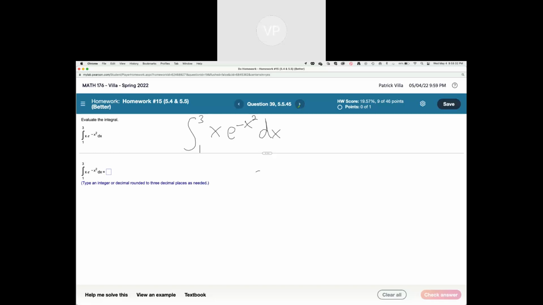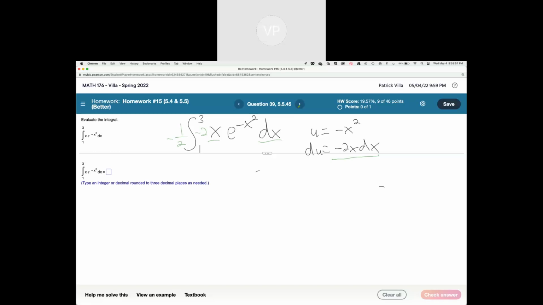Okay, so how I see this one going is, I'm going to do a u substitution for everything in that power. That means my du is negative 2x dx. So if you look at what I need, negative 2x dx. Well, I got the dx, I got the x, I got to put a negative 2 here, and to compensate, I have to put a negative 1/2 out front.